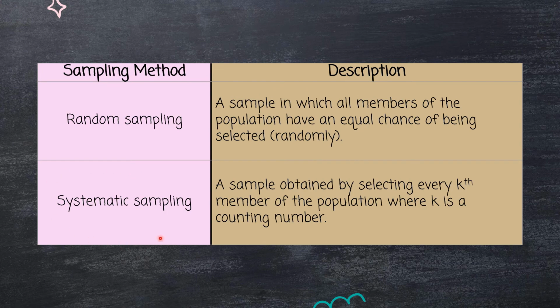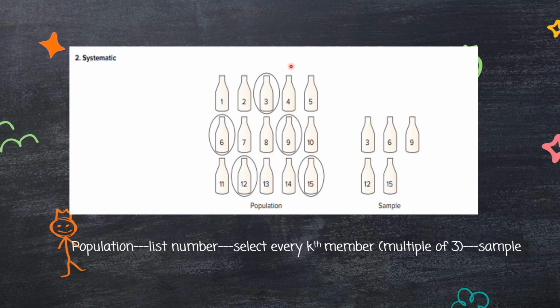The second method is systematic sampling. A sample obtained by selecting every kth member of the population, where k is a counting number. Look at the diagram. Systematic sampling is similar to simple random sampling, but it is usually slightly easier to conduct.